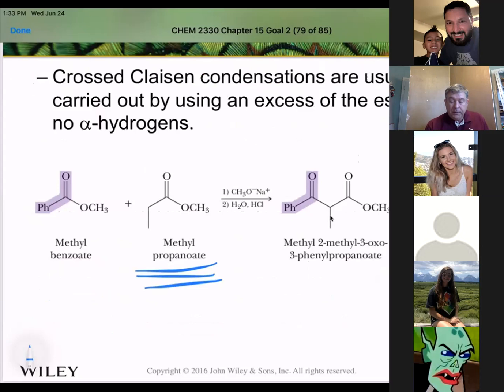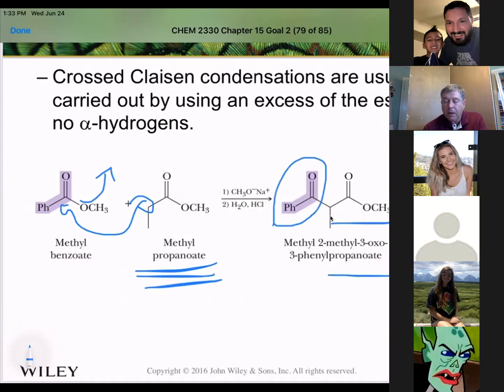Because we can form the enolate only on this compound, that means this is only going to react here and kick out only this alcohol, leading to our nice clean product of our ketone side and our ester side here. Notice the ester is always on the side that had the acidic proton. The ketone is always on the side that had no acidic proton.